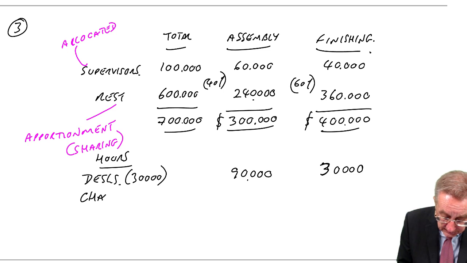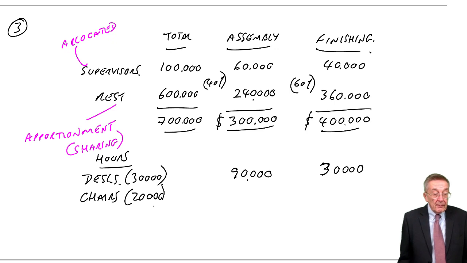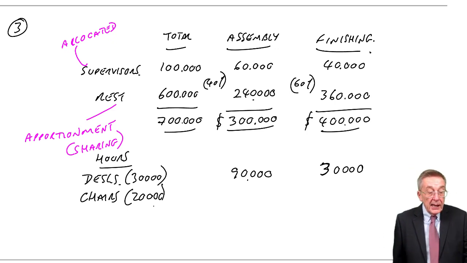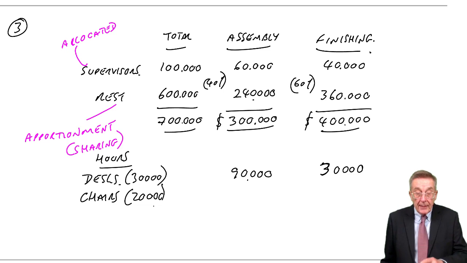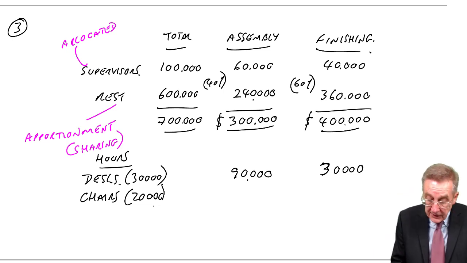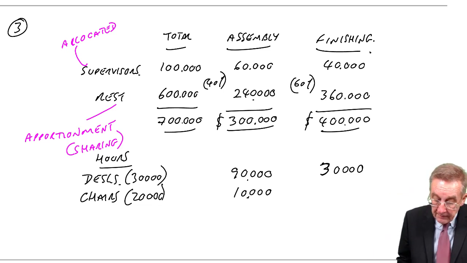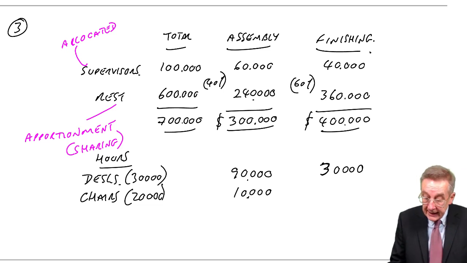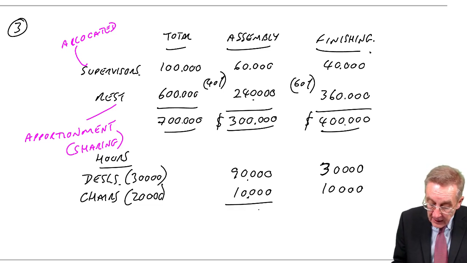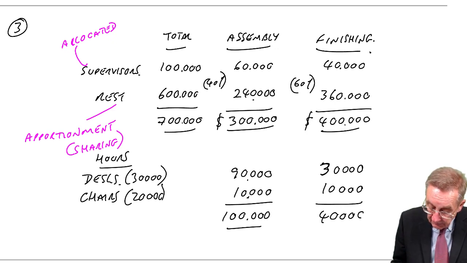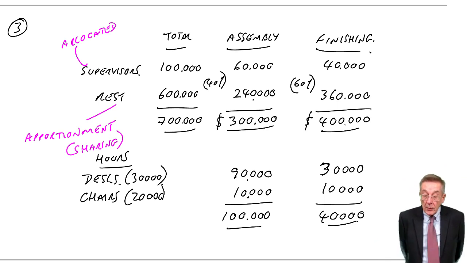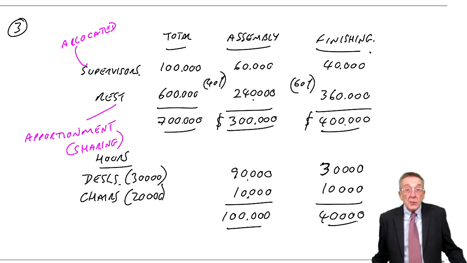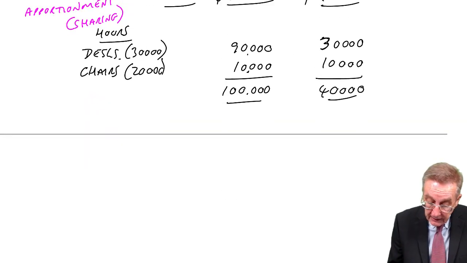What about chairs? We're making 20,000 chairs. And it says they take an hour to produce, half an hour in assembly. Well, 20,000, half an hour is 10,000 hours. And half an hour in finishing, so again, 10,000 hours. So in total, we're working 100,000 hours in assembly, 40,000 in finishing. So now we can work out the absorption rate.